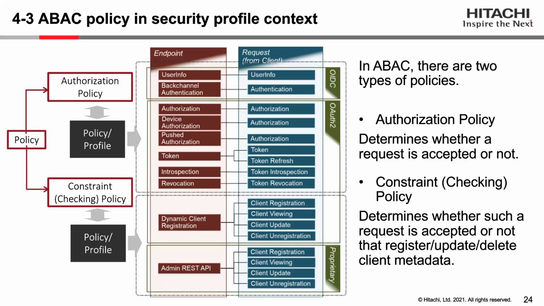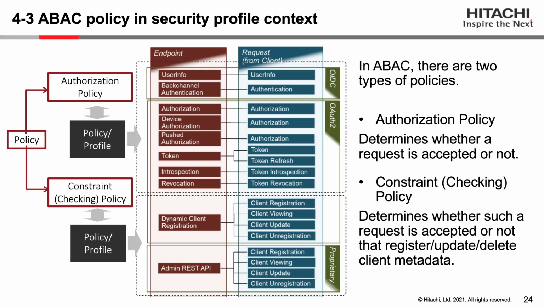Some ABAC research papers stated that there are several kinds of policy. And here, I would like to describe two types of such policy in the context of the ABAC-based security profile model: authorization policy and constraint checking policy, or constraint policy.